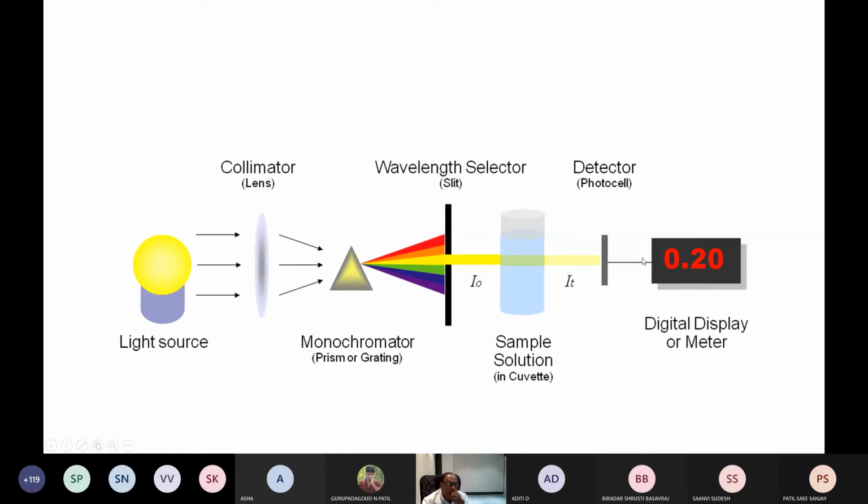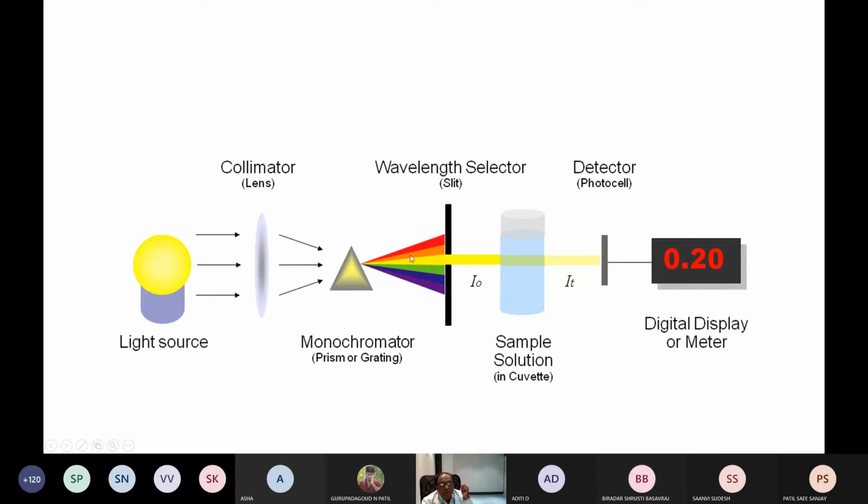In the colorimeter, which you must have seen yesterday, there may be a galvanometer. Nowadays there is improvisation, and they are also providing the colorimeter with a digital display. So this is how the spectrophotometer works. From the light through the lens, it falls on the prism.